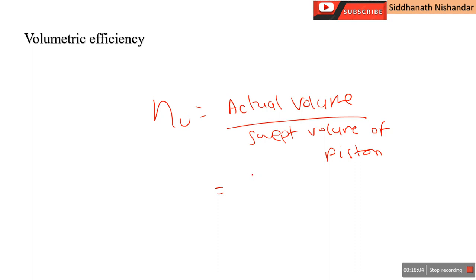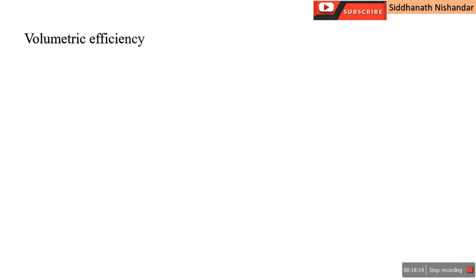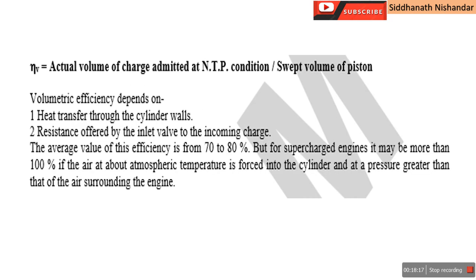Okay, if we consider what amount of charge enters the cylinder, in practice there are some losses. Why is volumetric efficiency always less? There are some factors. Volumetric efficiency depends first on heat transfer through the cylinder walls, and resistance offered by the inlet valve to the incoming charge. Because at the speed of the engine, in very little time it sucks the charge from the surrounding, so there are some restrictions to suck the charge.